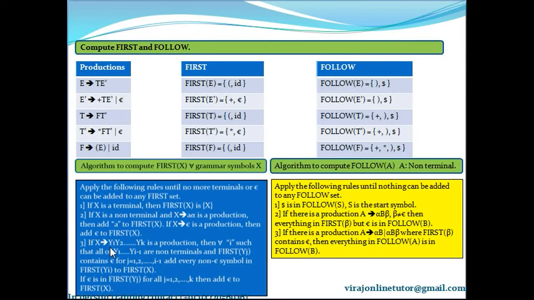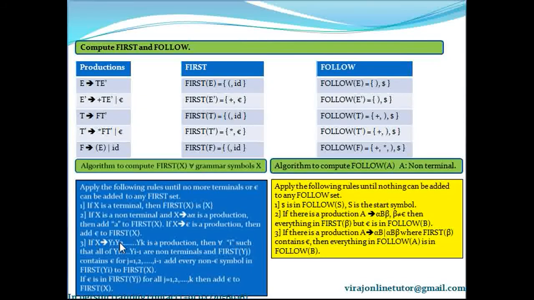If first of y1 contains epsilon, then whatever non-epsilon characters were there, I have assigned to first of x. Since it contains epsilon, you compute first of y2, and all the characters in first of y2 except epsilon, you put into first of x. If first of y2 again contains epsilon, you compute first of y3, and all the characters in first of y3 except epsilon, you place in first of x.